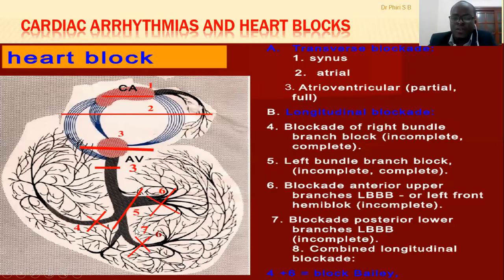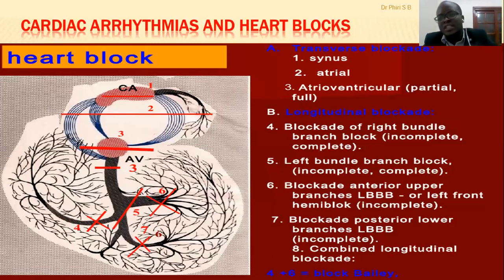So if you have 4 plus 6, this is called bifascicular block. So a bifascicular block is a blockade of the bundle branches in short. So if you have the left and the right bundle branch blocks, then you have a combination which is called a bifascicular block. So these are just in general different types of heart blocks.